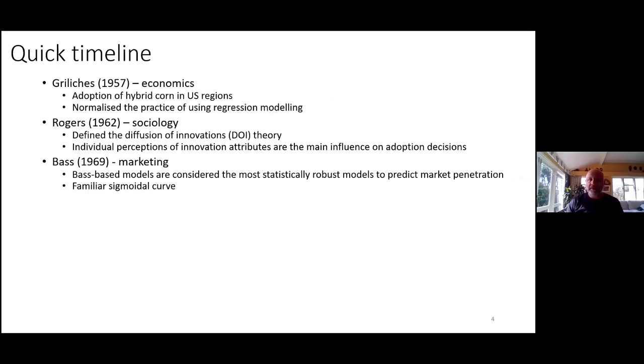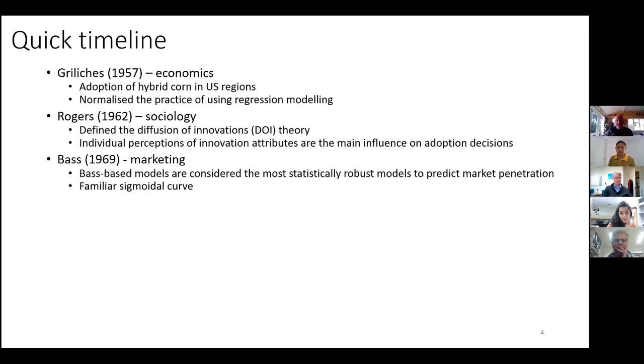That was originally done from a marketing perspective, about market penetration. It was originally done for first purchase of domestic goods, but somehow it became quite mainstream.